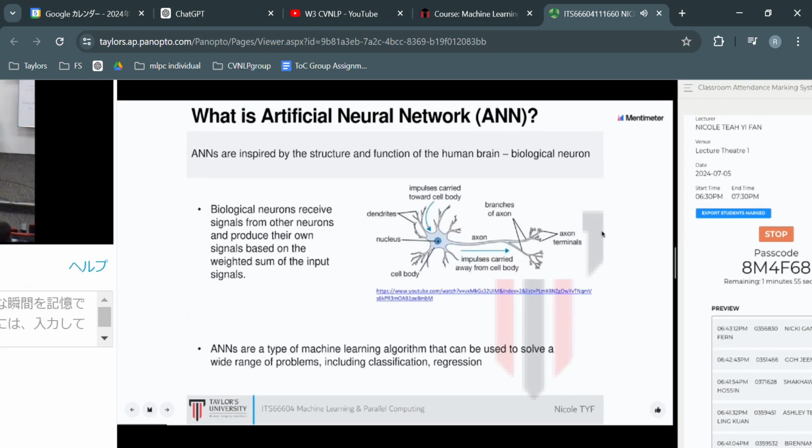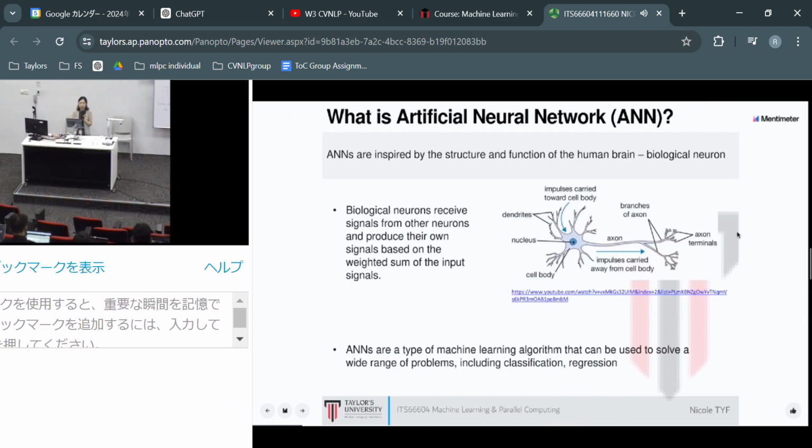This is because the neuron has a specific function that filters off signals within a certain threshold. And this mechanism is also exactly applicable when we talk about neural network, how each neuron works from one neuron to another neuron. So ANN is a type of machine learning algorithm that can be used to solve a wide range of problems because it mimics the structure and function of our human brain. So we can use it for classification as well as regression tasks.